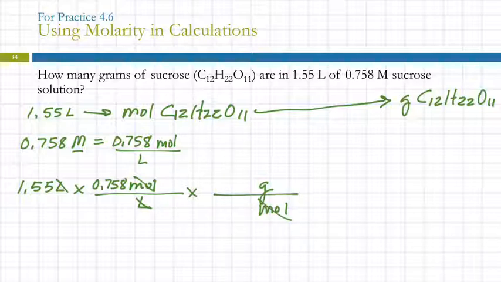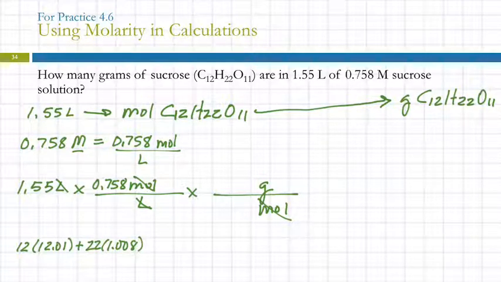Here I need the molar mass of sucrose, which I'm going to have to calculate. So I've got 12 carbons times 12.01, 22 hydrogens, and 11 oxygens.